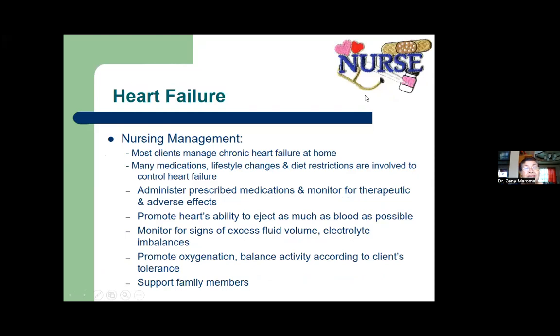Okay. So, as nurses, nursing management, sorry. Most clients manage chronic heart failure at home. Oo nga. Kung hindi lang sila nahihirapang huminga, ay nasa bahay lang sila. Tutuloy lang nila yung gamot.